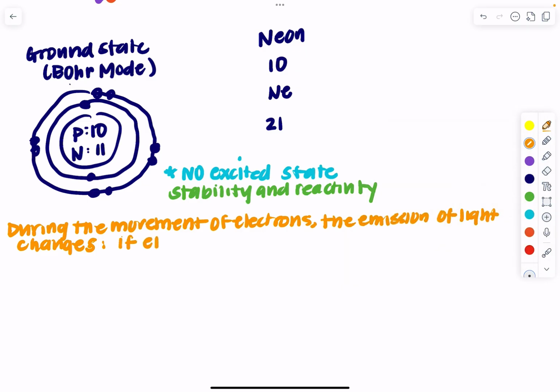If energy is released at a lower amount, the wavelength is going to be much higher. If the energy is released at a higher amount, the wavelength is going to be lower. Okay?